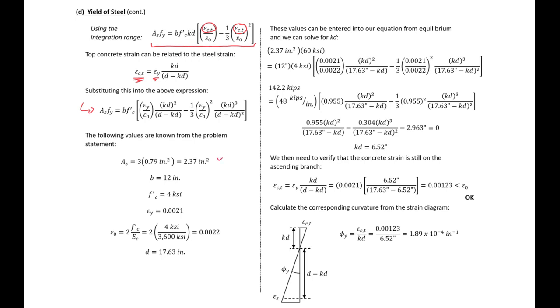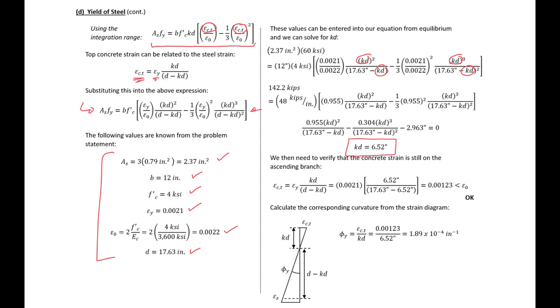So we know the total area of our steel, the base width, the concrete strength, the yield strain, the strain at ultimate for our concrete, and the depth of our steel d. We can substitute all these values into this expression, and kd then is our only unknown. We can solve for kd, and we'll find that kd equals 6.52 inches in this case.